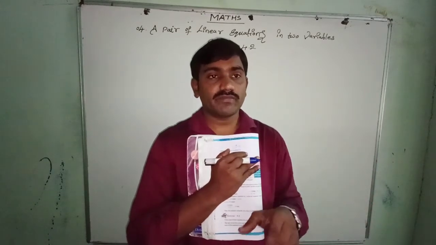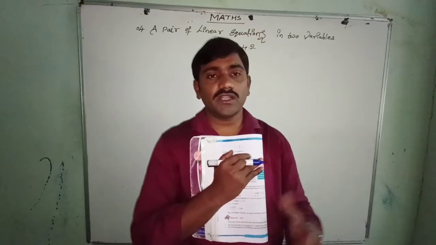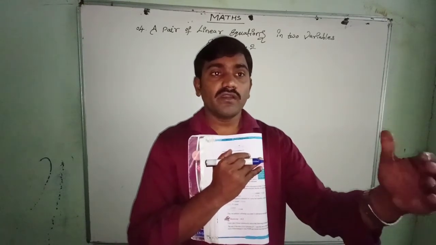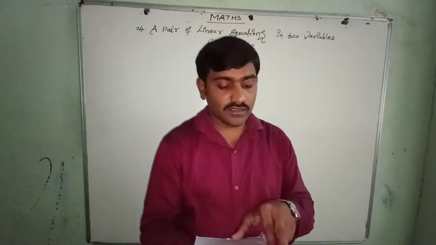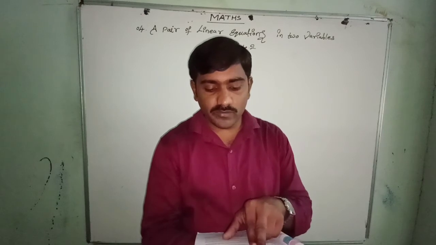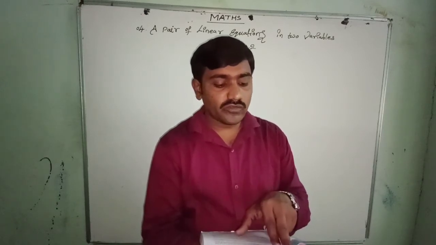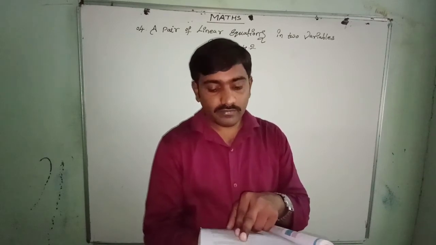Wherever you get down in the first 3 or first 5 kilometers, they will charge a fixed charge. From there, for every kilometer they will put an extra charge. Up to the first 3 kilometers you will be charged a certain minimum amount. From there onwards, you have to pay additionally for every kilometer traveled.